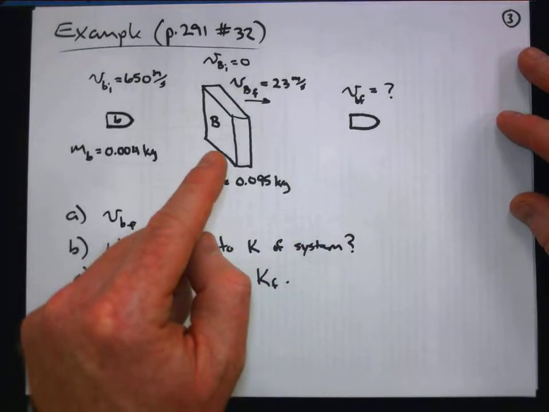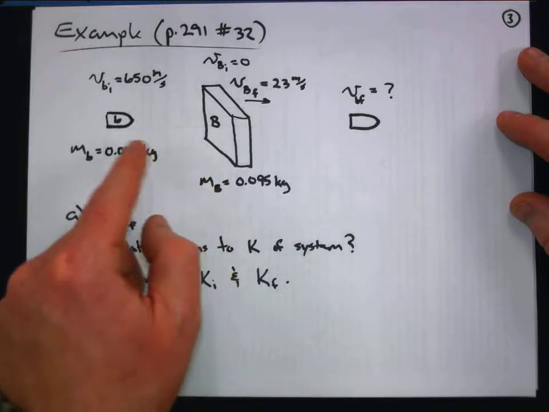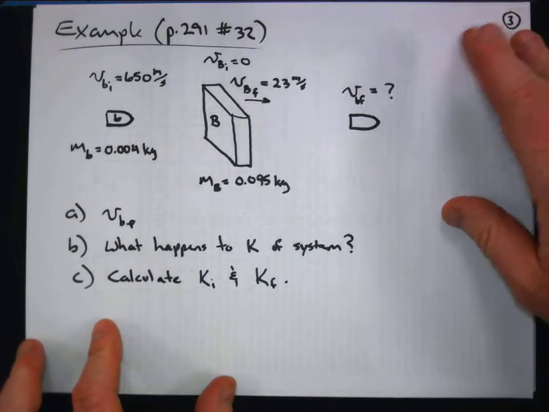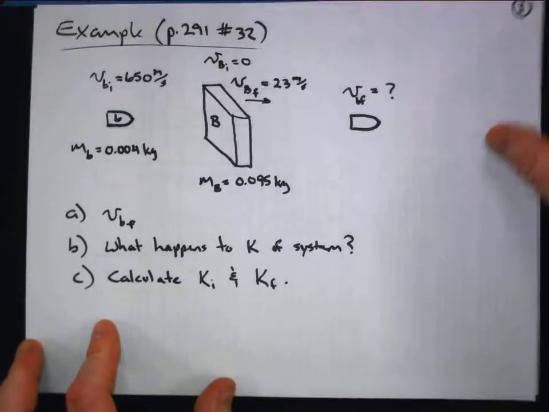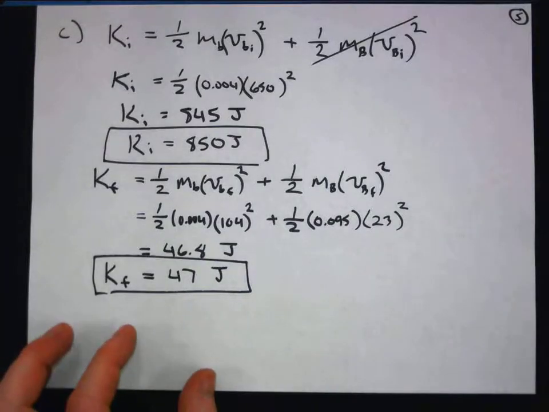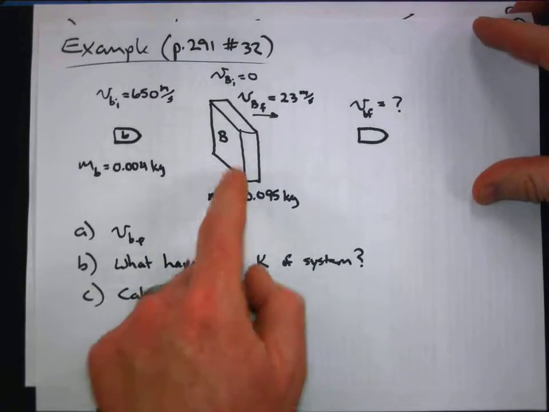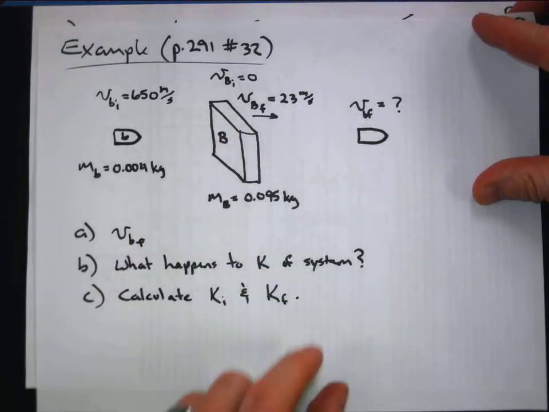But despite momentum being conserved, during this collision, we demonstrated that a significant amount of kinetic energy is lost. And it goes into, primarily goes into doing work, deforming the block and the bullet, right?